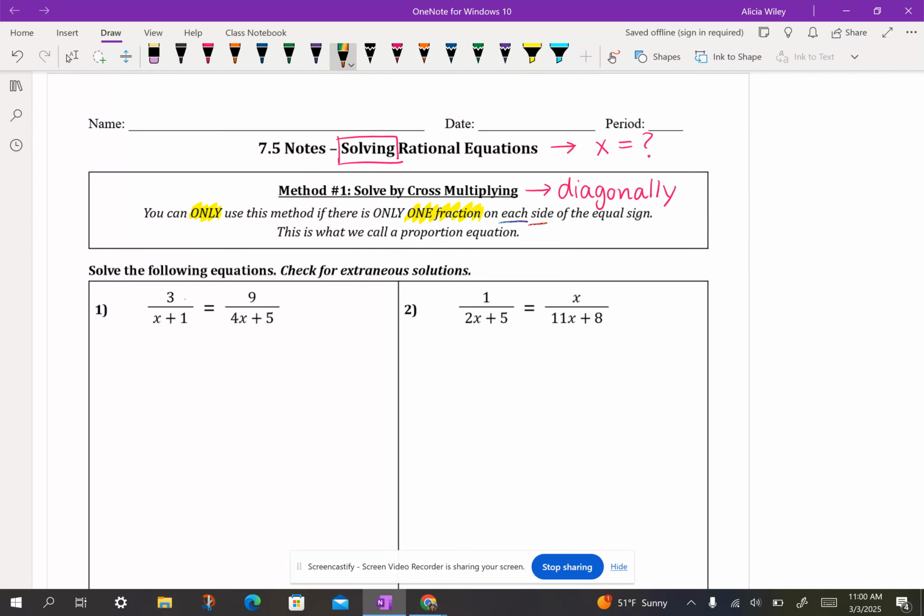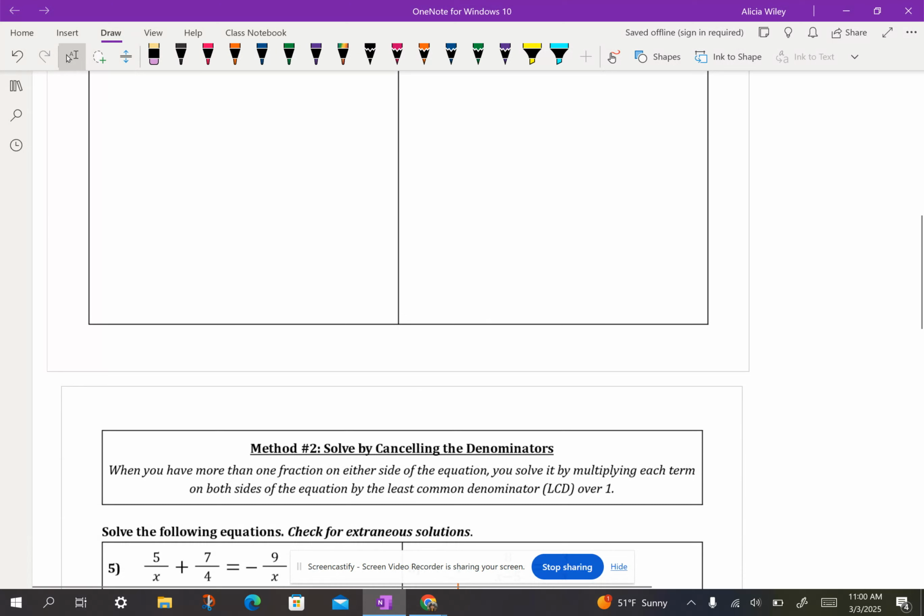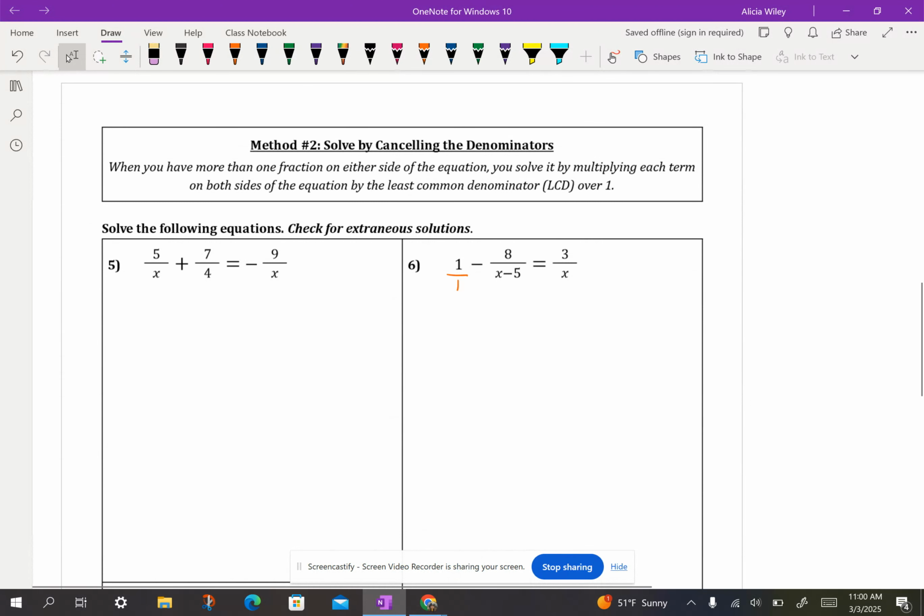So you can use this method on every problem on this page, numbers 1, 2, 3, and 4. But when you go to the back of your page, you cannot use this method because you do not have one fraction on each side. You have one fraction on the right, but this is two fractions. If you wanted to cross multiply, you would have to combine these into one single fraction using a common denominator before you moved on with the problem.